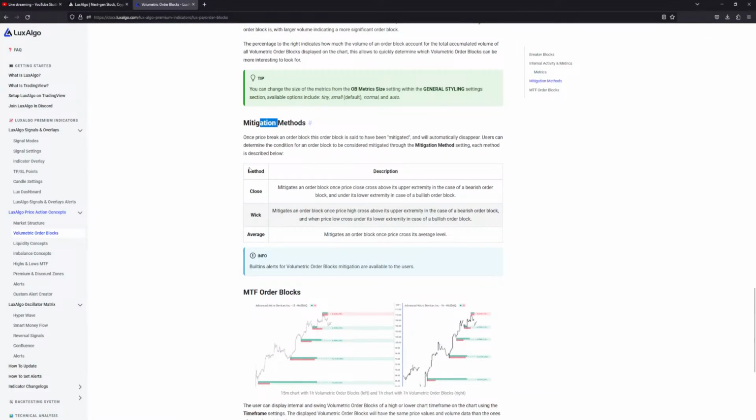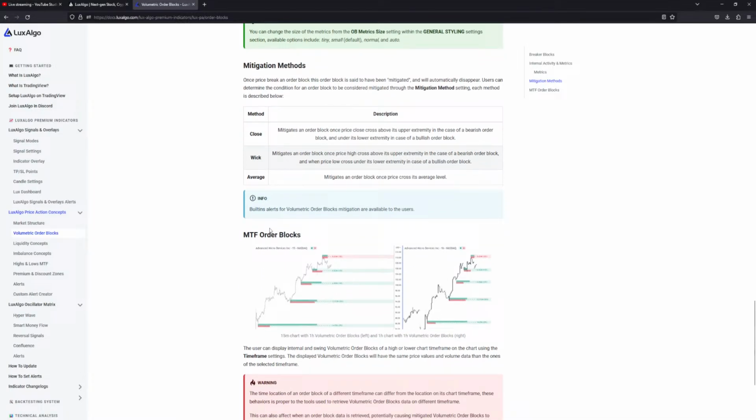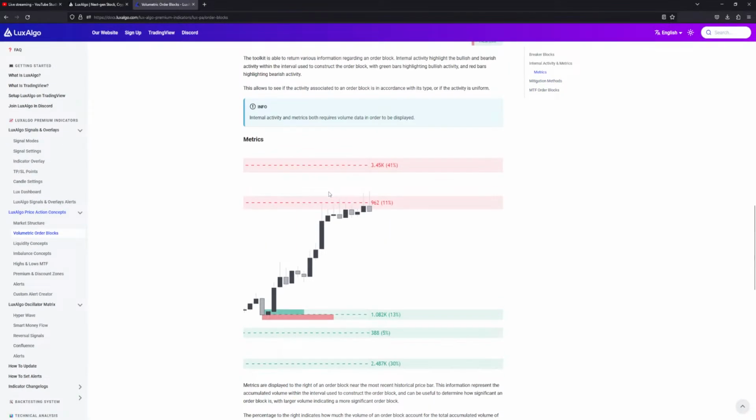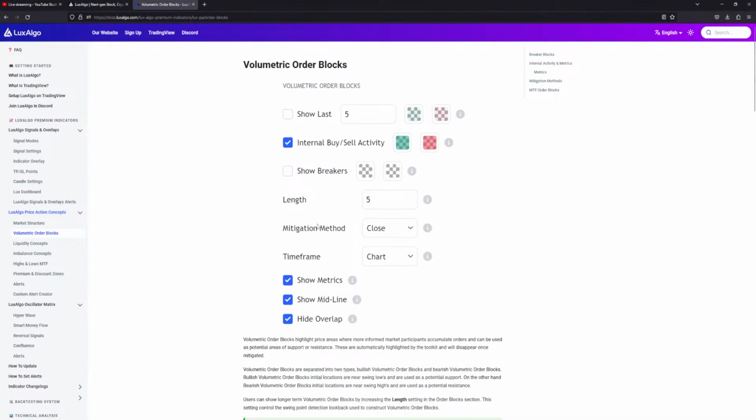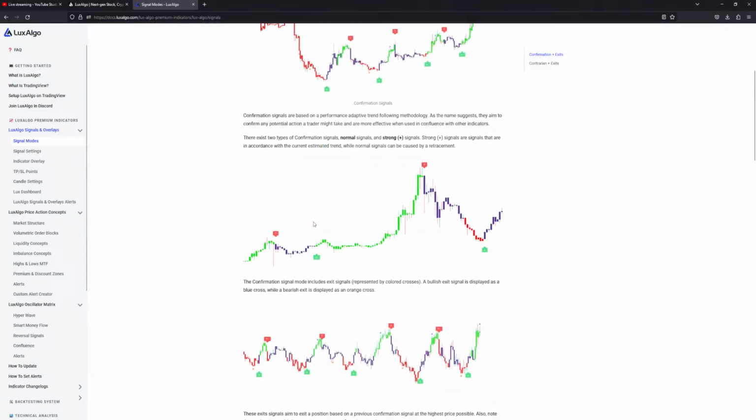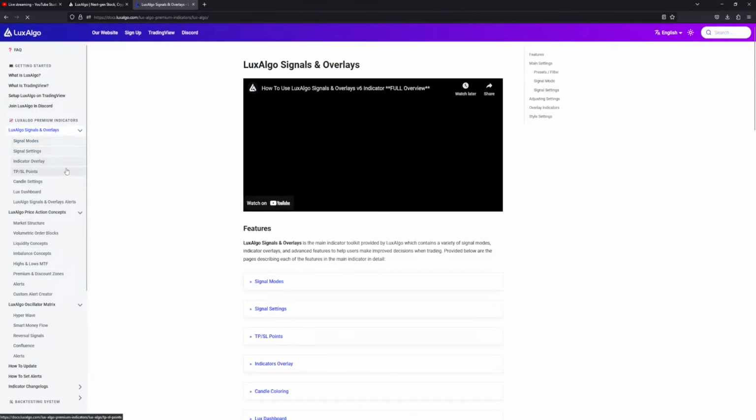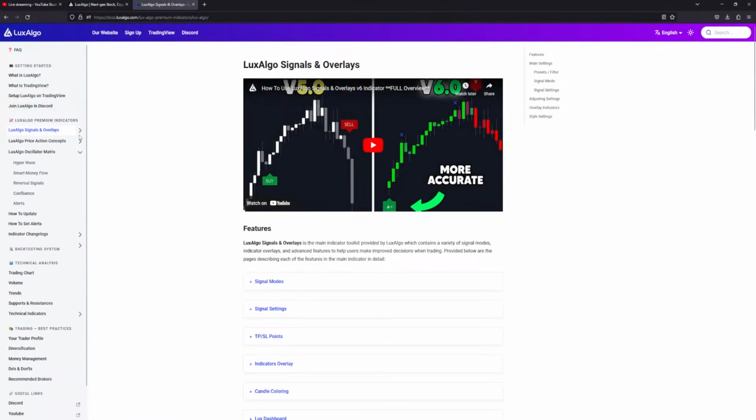And then there are also features within each type of order block, where you can change your mitigation methods for close, wick, average. All of this is going to keep you updated on everything we change, as well as everything that comes with the entire suite that you get for 30 days risk free.